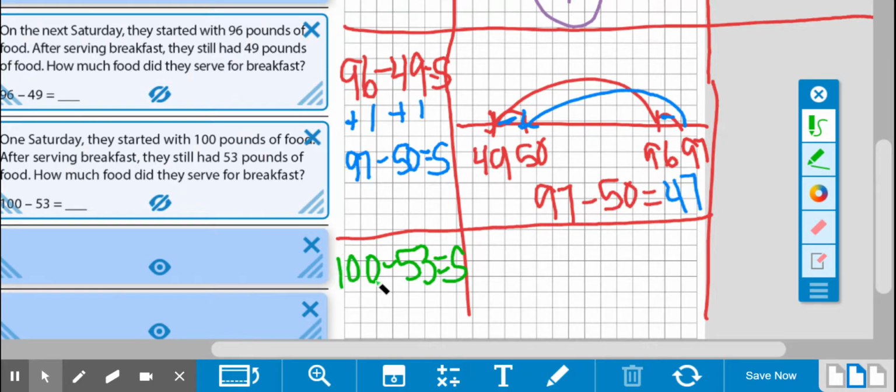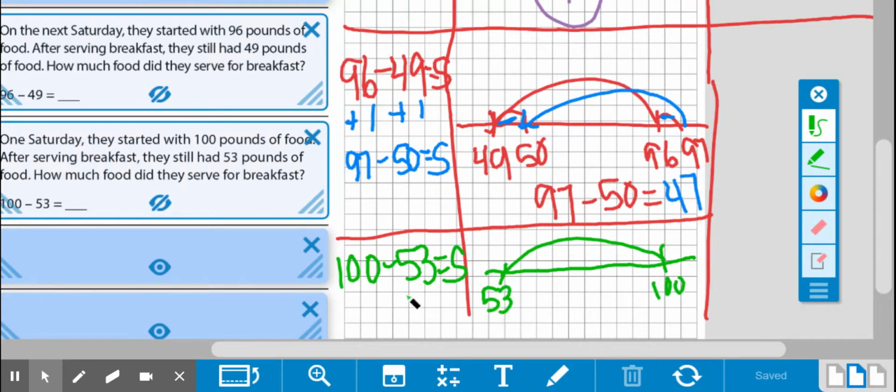Yes, 100 is a friendly number. However, it's not good to have 100 on top because we know when we subtract with zeros on top, it makes things confusing. So this is 100, and we have to take away an amount to get to 53, right?